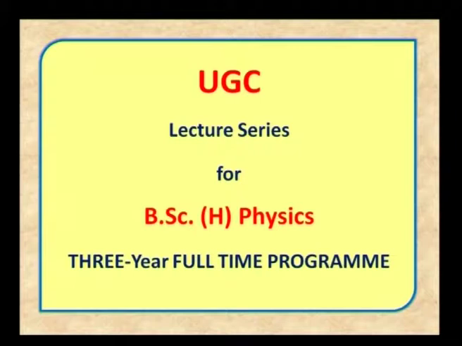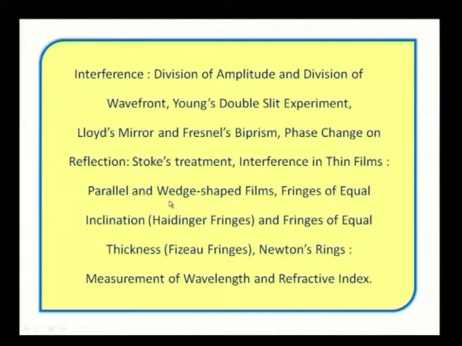Welcome to the UGC lecture series for the BSc Honours Physics students, and we are going through a course of lectures on optics. In the section on interference we have gone through the case of thin films, the wedge shaped films. We saw the air wedge, fringes of equal inclination, Haidinger fringes, and Newton's rings experiment to determine the wavelength and refractive index.